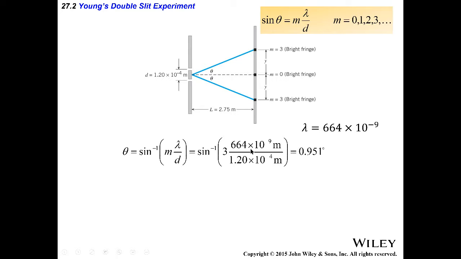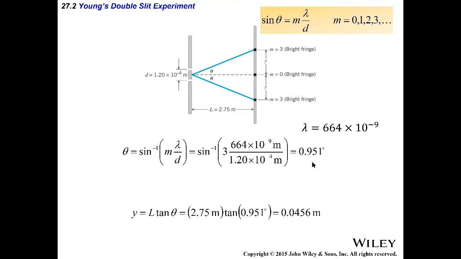So m is 3, lambda is so many nanometers, and d is 1.2 times 10 to the minus 4, and voila, it is 0.9 degrees, almost 1 degree. So you can then see that indeed you can sort out the fringes: bright fringe, dark fringe, bright fringe, dark fringe.